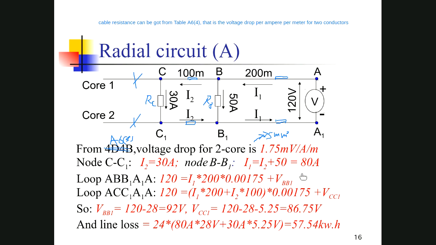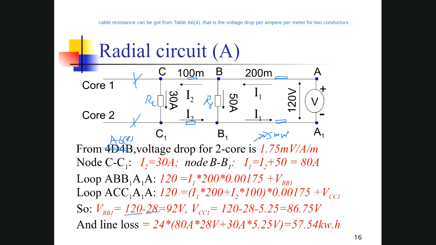Since I1 is 80 amperes and I2 is 30 amperes, we can easily estimate that the voltage across load B is the source voltage 120 minus the 28 volts drop.